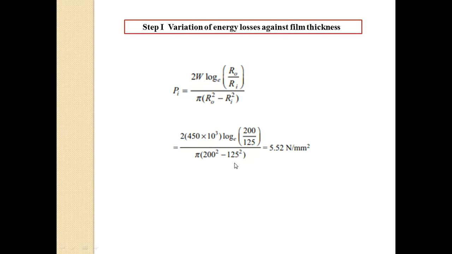After calculating these terms, we got Pi is equal to 5.52 Newton per mm square. So this is the unit bearing pressure, Pi equal to 5.52 Newton per mm square.